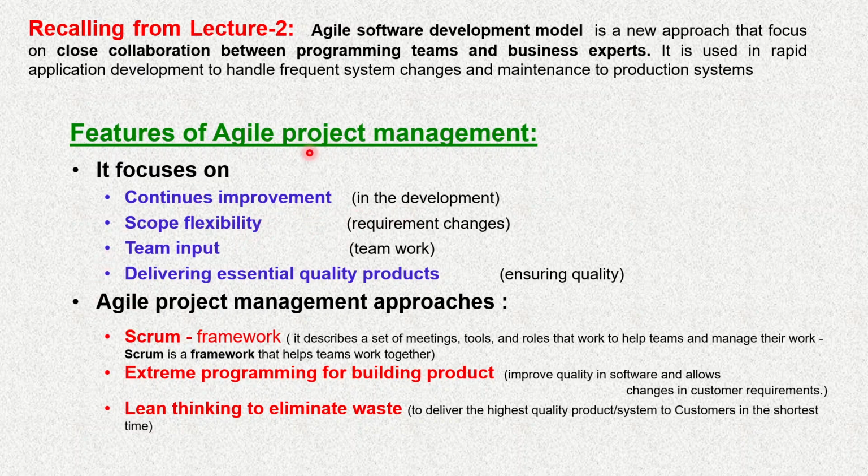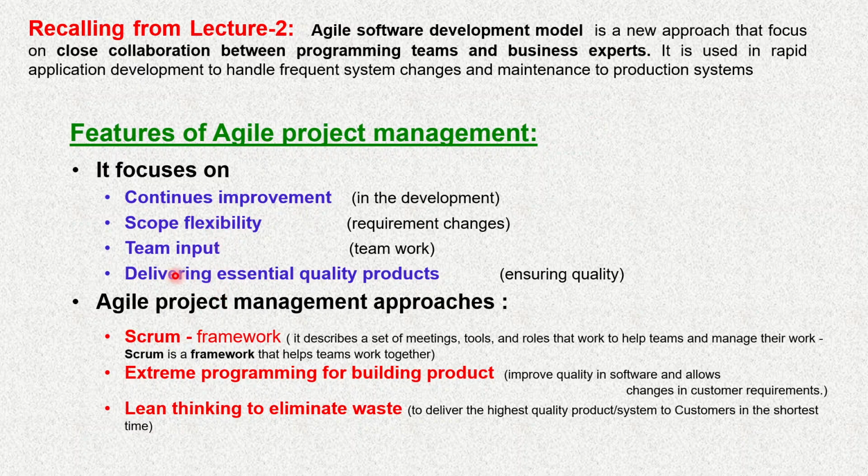Most of the time when we apply Agile project management, it is teamwork. We always need a team and team input so that we can complete the work in a collaborative manner, with the project team and the business experts working together on the project.